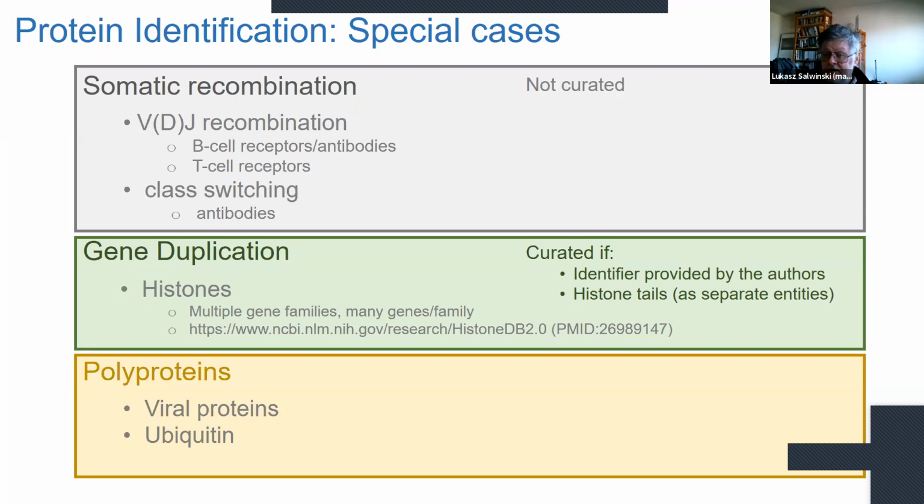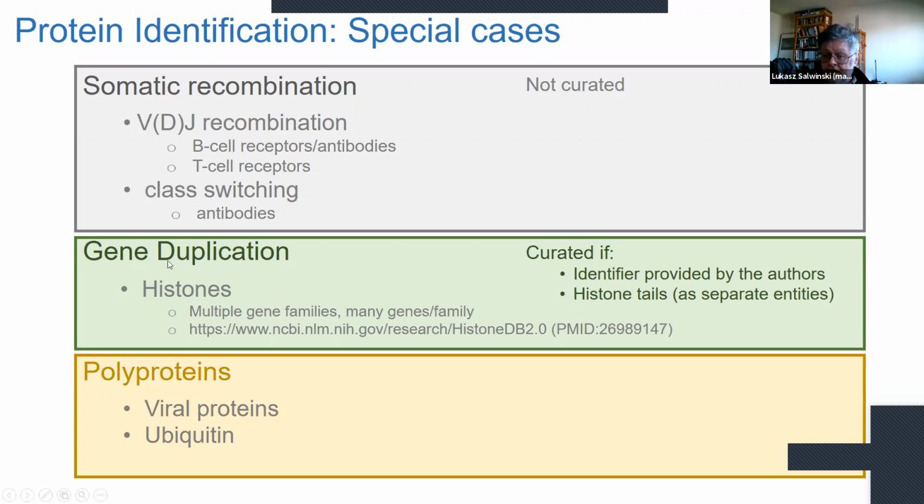There's not that many databases that handle interactions for particular antibodies. The reason is there's no reference database that I know of that lists different variants of antibodies. So there's no way to curate those things in a generic way.